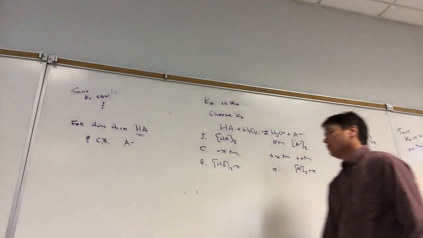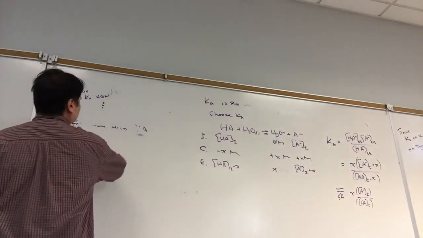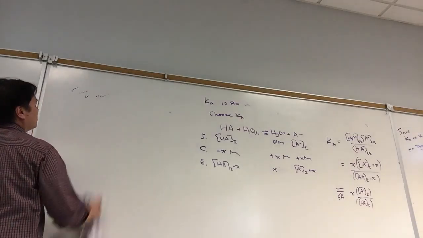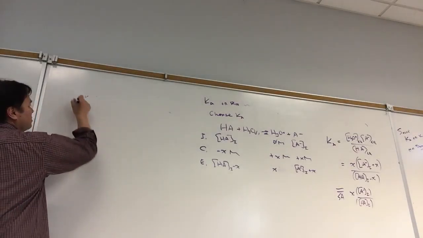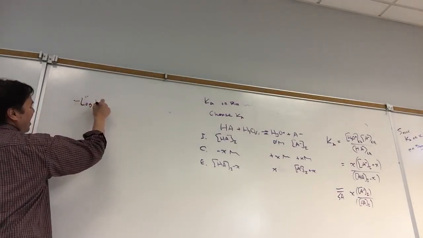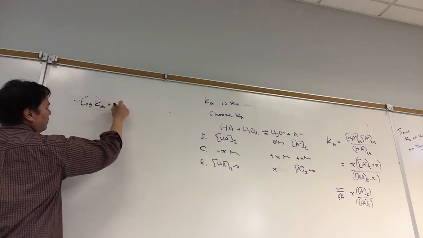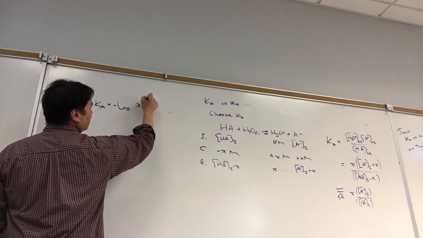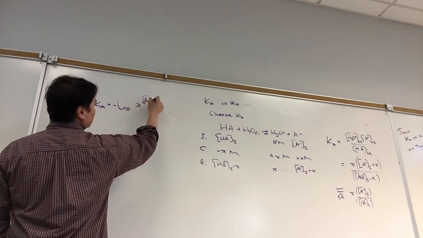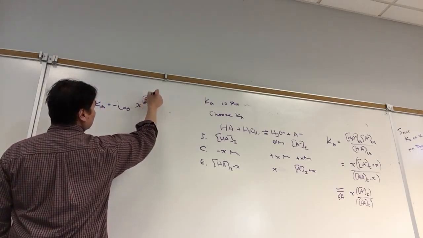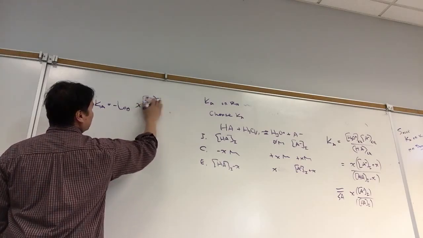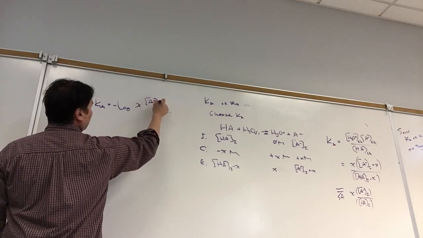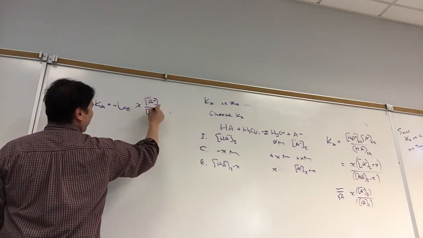Then we're going to take the negative log of both sides. In other words, we're going to do the power function. And so we get the negative log of Ka is equal to the negative log of X times A minus initial over the HA initial.